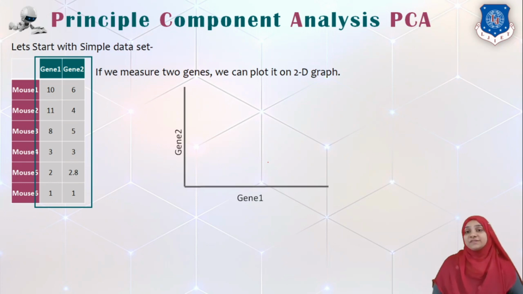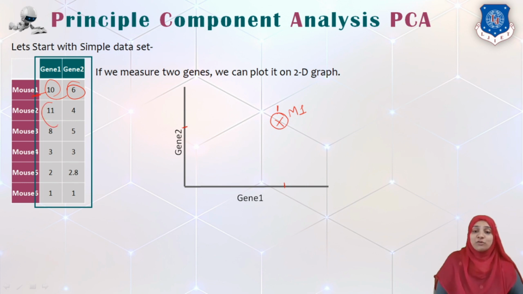Say for example, this is my data point, and for data point 1, that is mouse 1, gene 1 value is 10 and gene 2 value is 6. Say for example, this is 10 and this is 6. So I will have a data point here which is representing mouse 1. I will simply write 1.